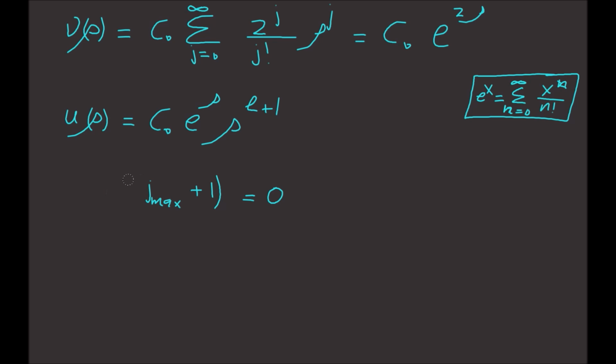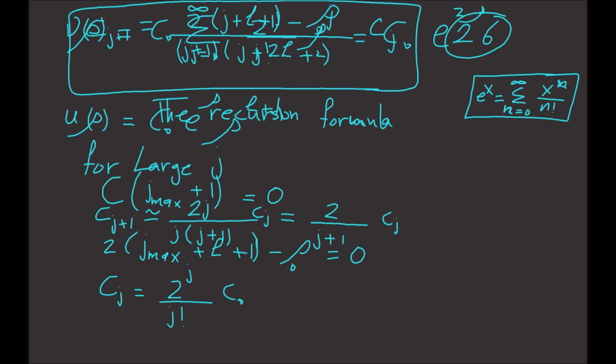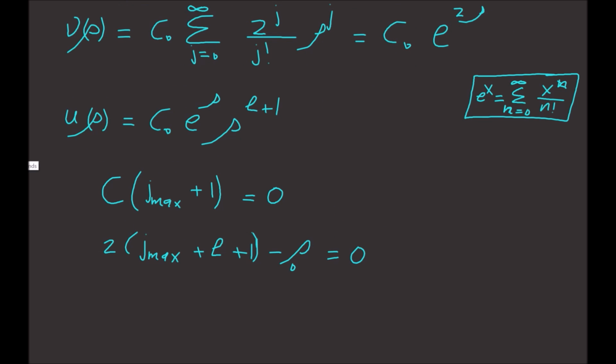Let's clean this up. So this tells us that 2 times j max plus L plus 1 minus rho naught has to be equal to 0. This is the top part of the recursion formula, equation number 26. So the top part of equation number 26 must be equal to 0.